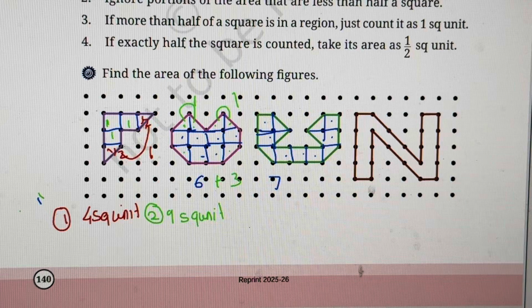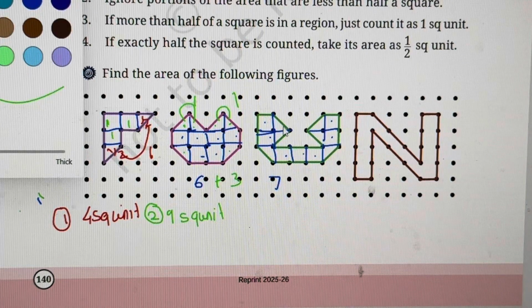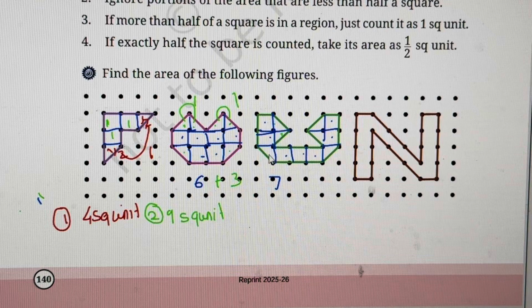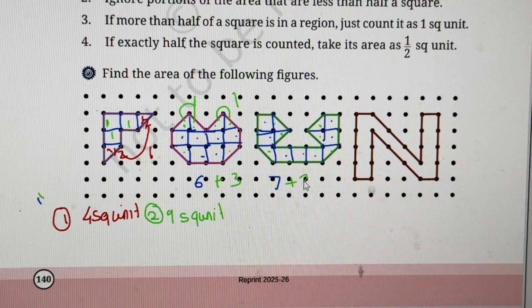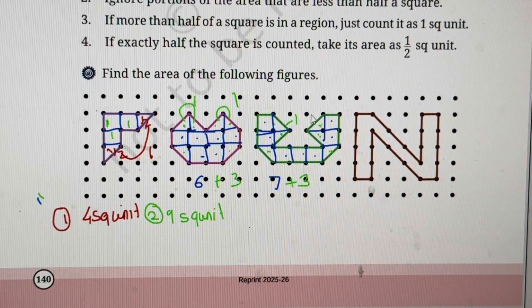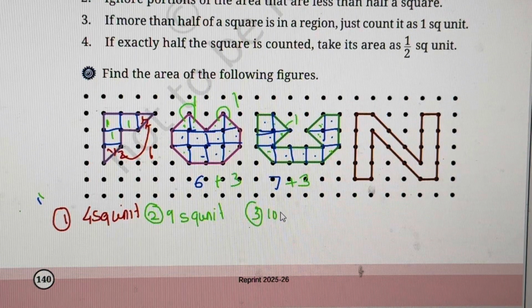Let me change the color. 1, 2, 3, 4, 5, 6 half. 6 half means 3 full, because this half plus half is 1. This half and this half is 1. This half and this half is together 1. So 3 whole, 7 full squares. 6 half squares means 3 full squares. So 7 plus 3 is 10 square units is the area of the third figure.